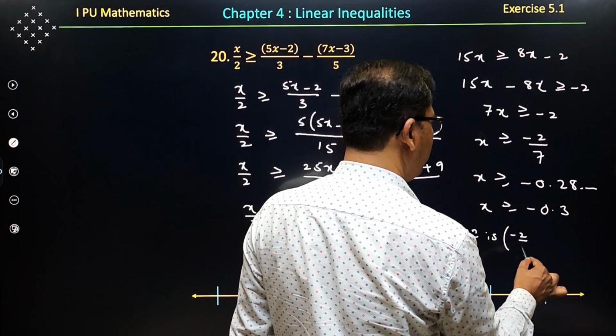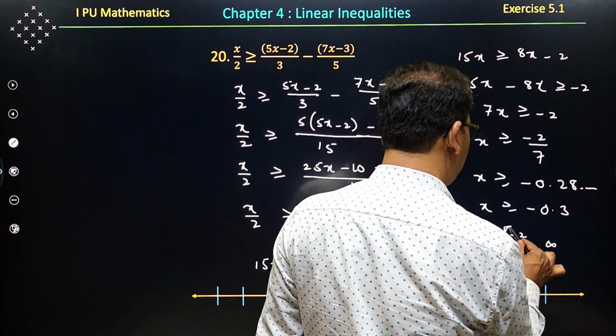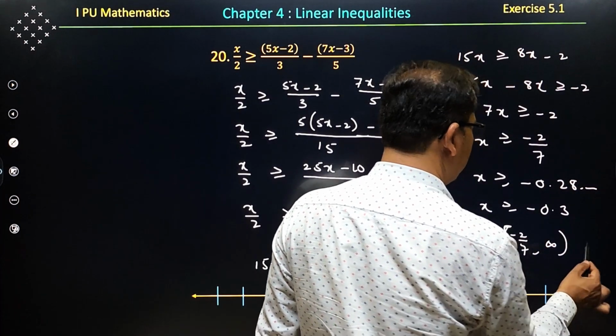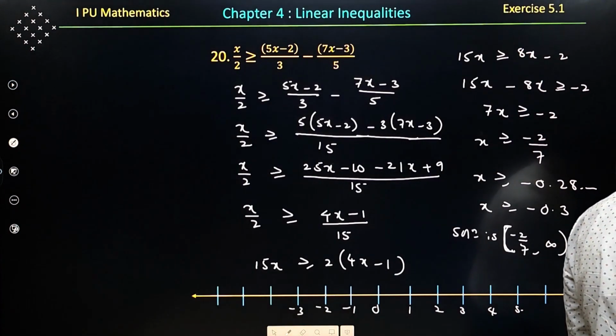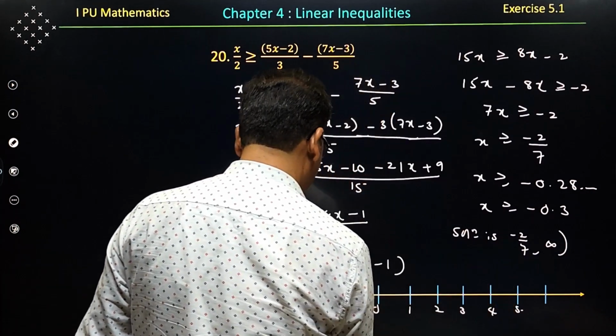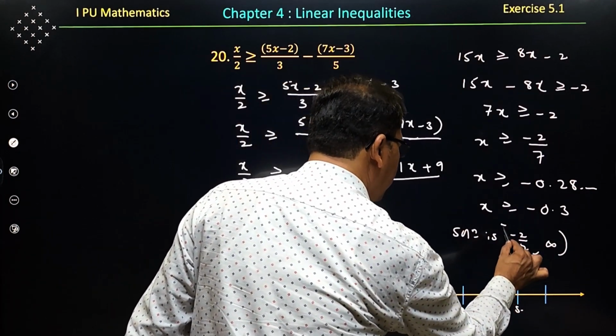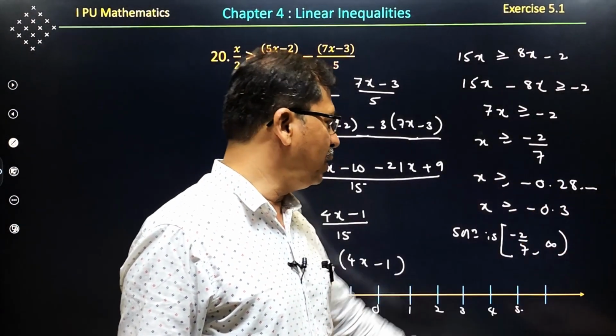So minus 2 by 7 up to infinity, equal to is there. So you need to show the square bracket at minus 2 by 7. It is not an ordinary bracket because minus 2 by 7 is included.